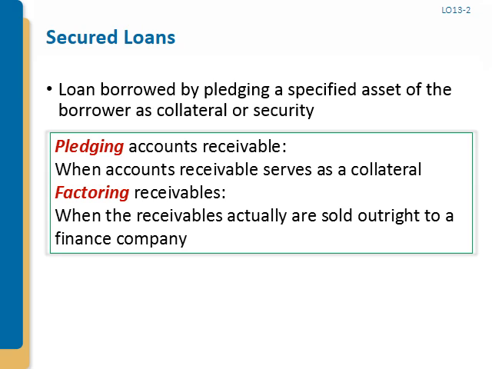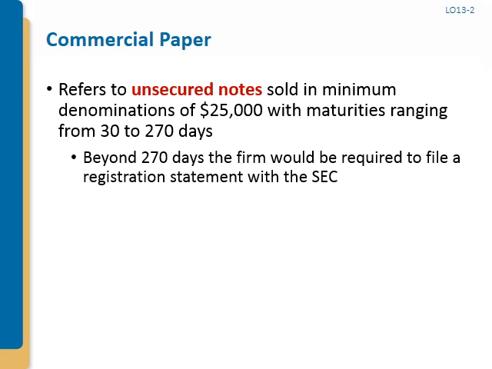Sometimes the receivables actually are sold outright to a finance company as a means of short-term financing. This is called factoring receivables. Some large corporations obtain temporary financing by issuing commercial paper, which is often purchased by other companies as a short-term investment. Commercial paper refers to unsecured notes sold at a discount.